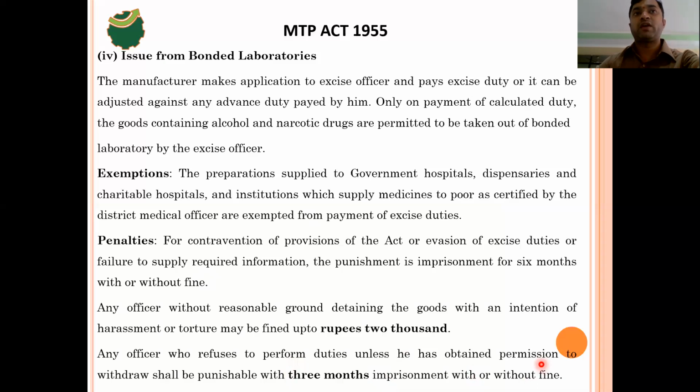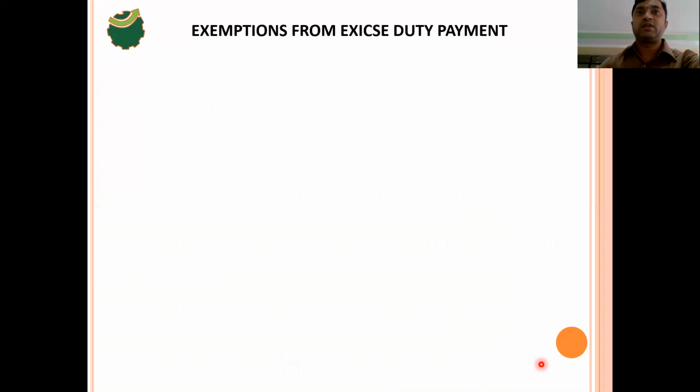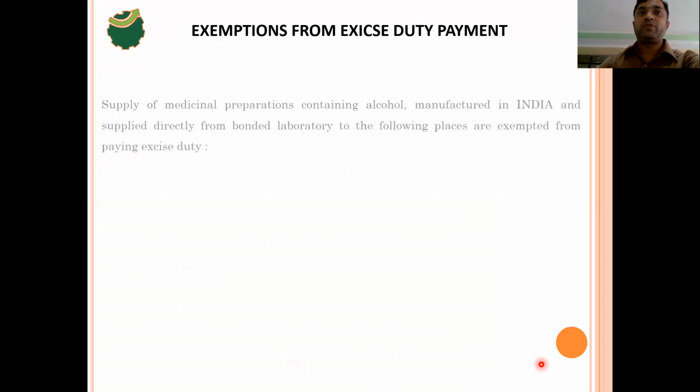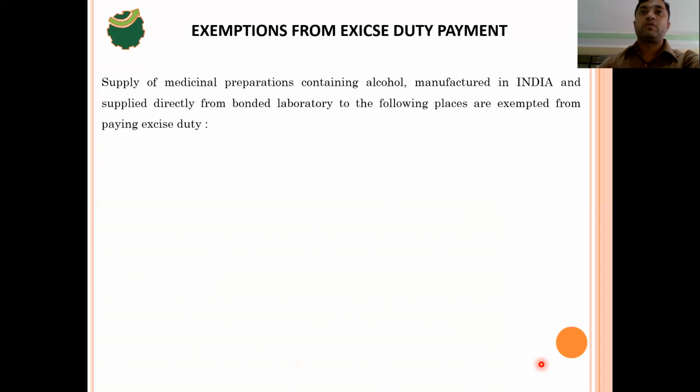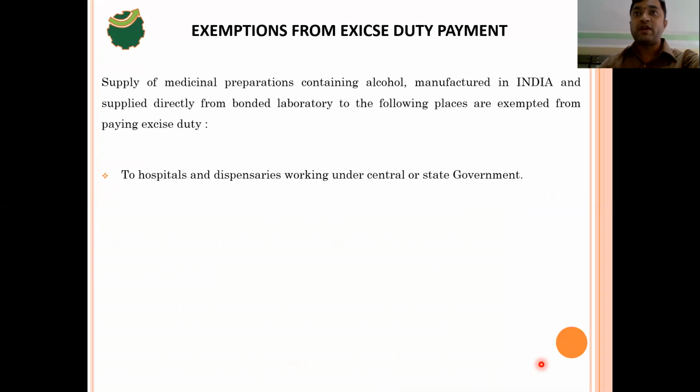Just now I mentioned some exemptions, so you will see those exemptions of duty payment in detail. Supply of medicines containing alcohol manufactured in India and supplied directly from a bonded laboratory to the following places is exempted from paying excise duty.